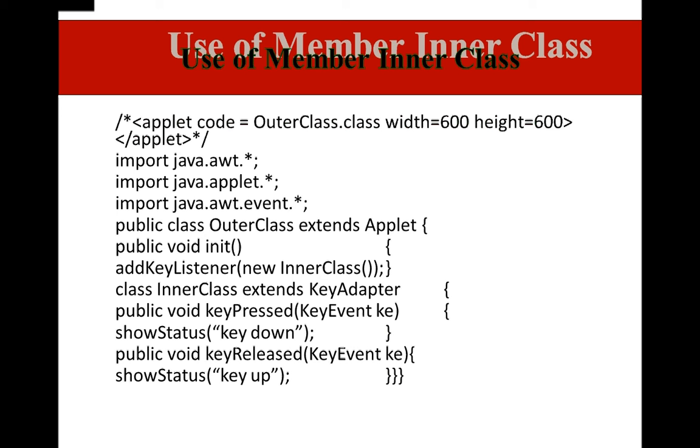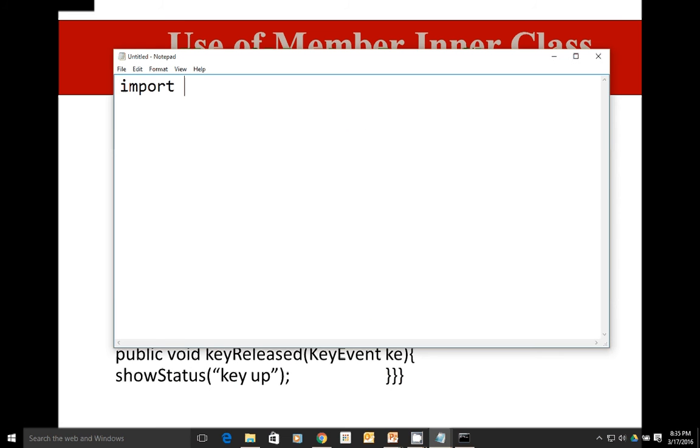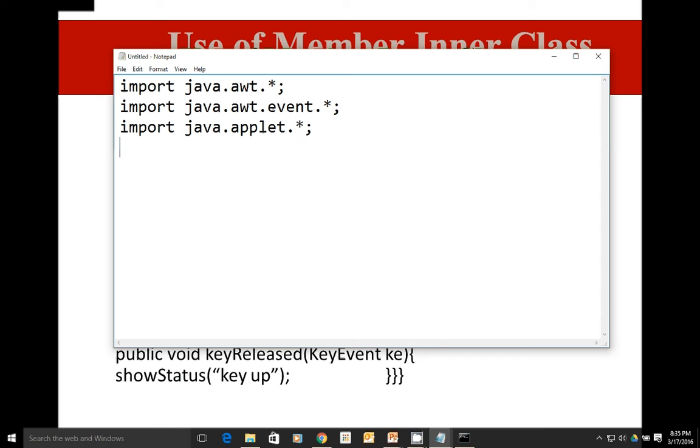Let me write a program on this. Import java.awt.*, import java.awt.event.*, import java.applet.*. Public class OuterDemo, which extends Applet.